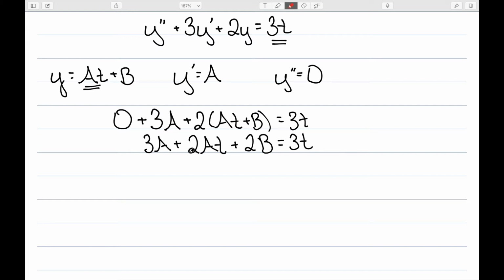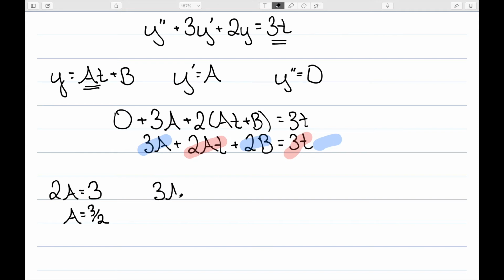And we start with coefficients of t. The coefficients of t on the left are 2a. They need to match the coefficients of t on the right, which is 3. So this tells me a is 3/2. On the other hand, if I look at my constants on the left, I have a 3a and a 2b. And on the right, I don't have any constants. If you want, you can think of it as plus 0.